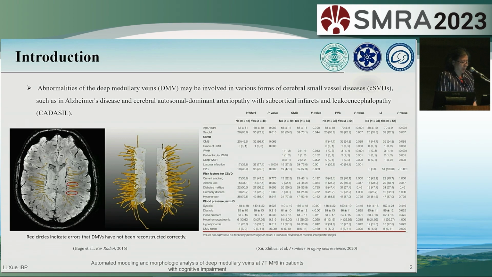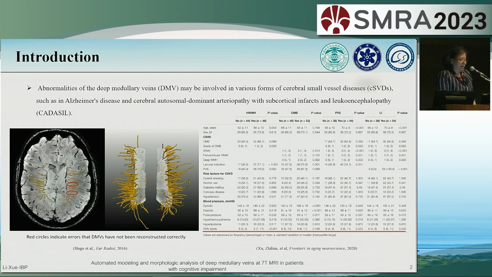According to literature reports, it is believed that abnormality of the deep medullary veins may be involved in various forms of cerebral small vessel diseases, such as Alzheimer's disease and CADASIL patients. And the DVM scores correlate well with other indices, such as white matter hyperintensity, cerebral microbleeds, perivascular space, and lacunar infarction.